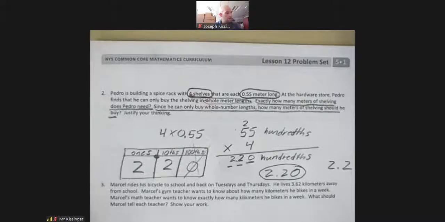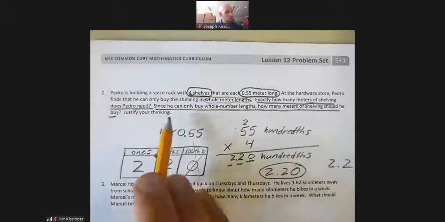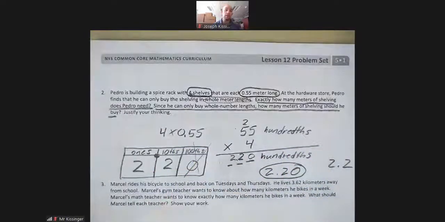And then we're not done yet. We have one part of our problem solved now. We need 2.2 meters altogether. But since he can only buy in whole number lengths, how many meters should Pedro buy? Now, if you bought 1 meter, that wouldn't be enough because we need 2.2. If we buy 2 meters, will we have enough? Is 2 more than 2.2?